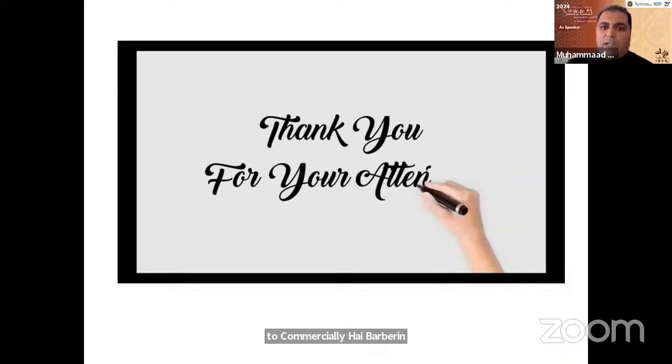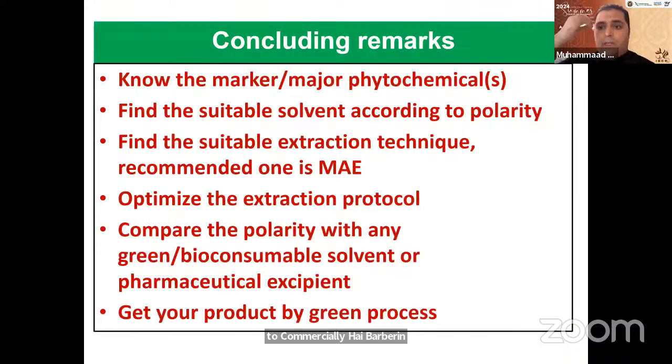So now I will conclude my presentation. In this presentation, what I taught you is, first, whenever you want to work on a specific herb for the preparation of a rich extract or green extract, the first important thing is you must know the major or marker phytochemical.